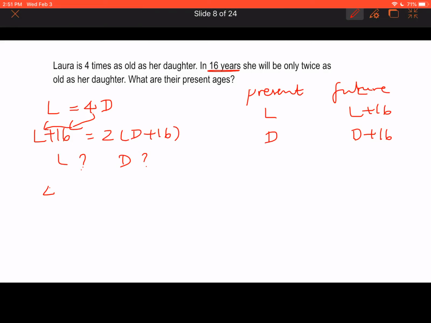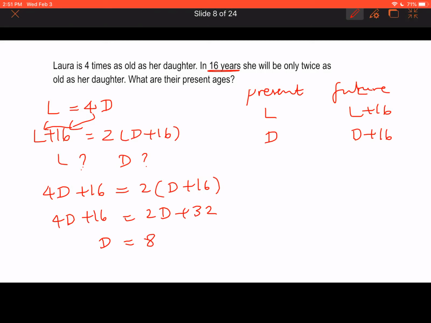So 4D plus 16 is equal to 2 times D plus 16. So 4D plus 16 is equal to 2D plus 32, and if we keep solving, then the answer will be D is equal to 8, and L is 4 times 8, which is equal to 32.